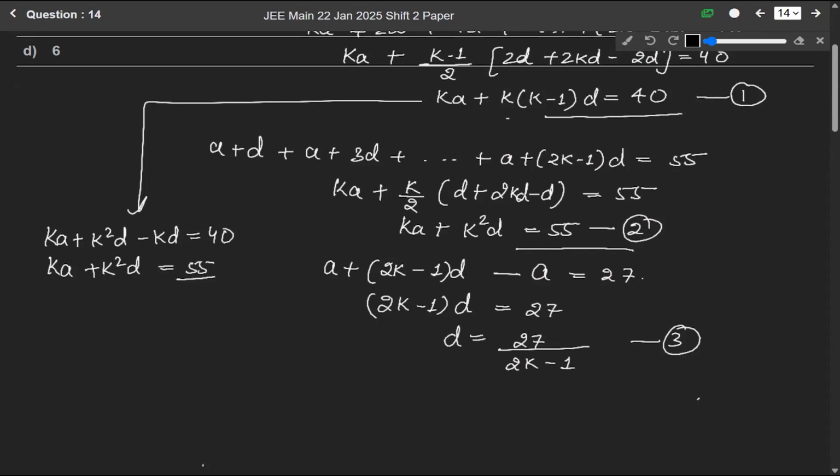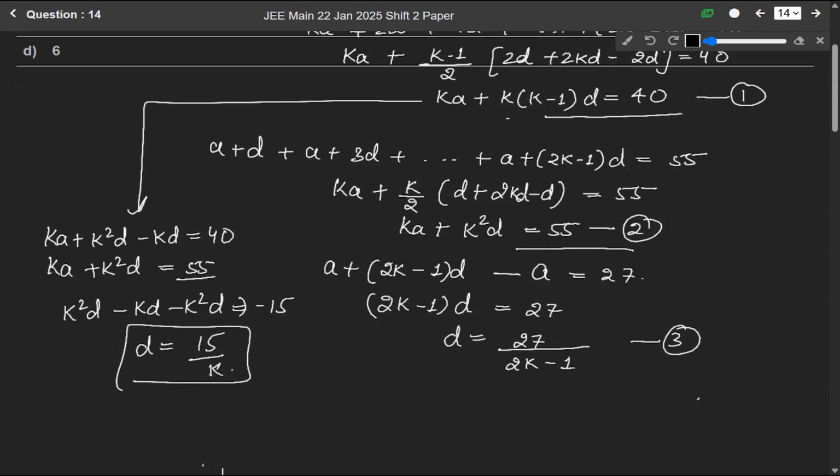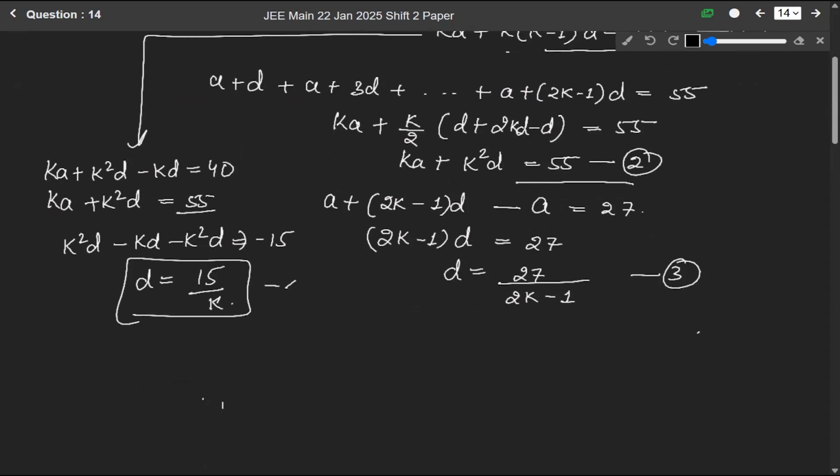Now using these two equations, we can write k square D minus of kD minus of k square D will be equals to minus of 15. Okay. So D will be equals to 15 over k. Okay. And let us say this is equation number 4.